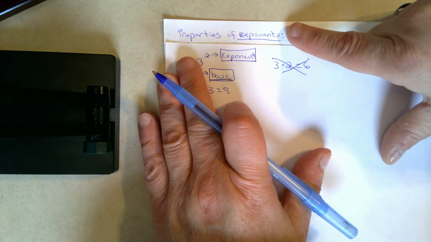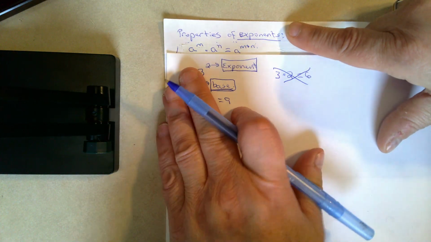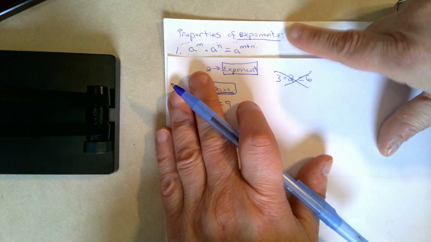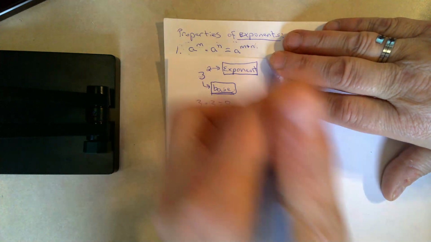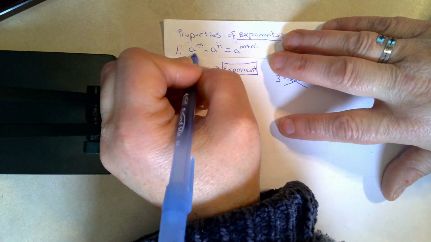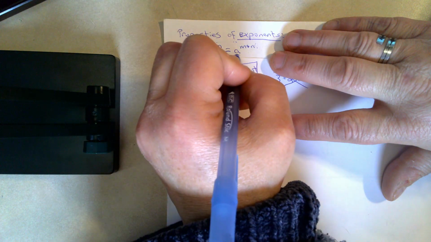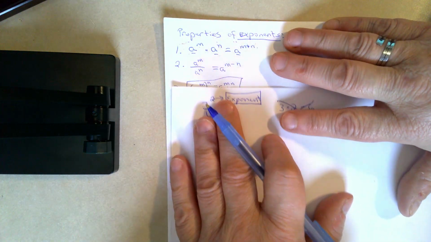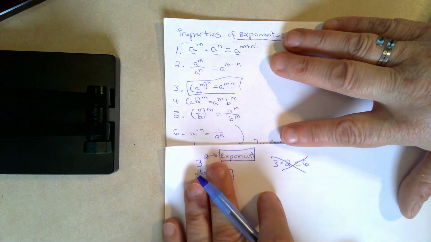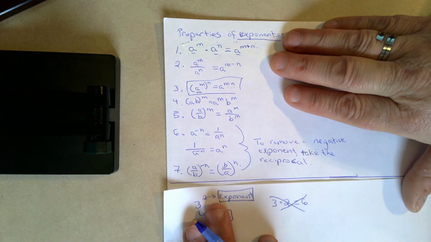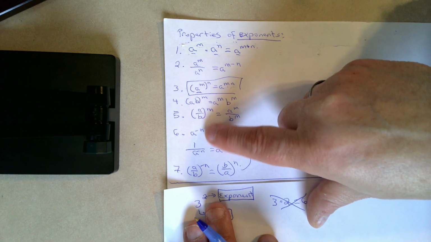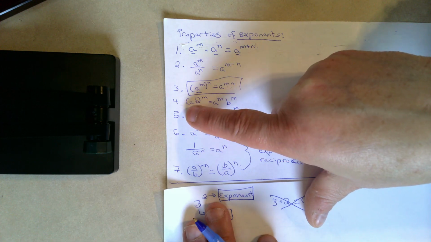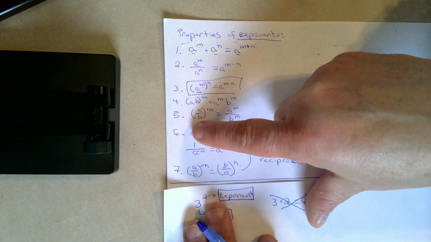Alright, and look, I didn't cuss once. Okay, so let's see. Our first property is about the base being the same. You'll see that I have written down that a lot of these rules have to do with the bases being the same, and then we have some rules where you have 2 different numbers.